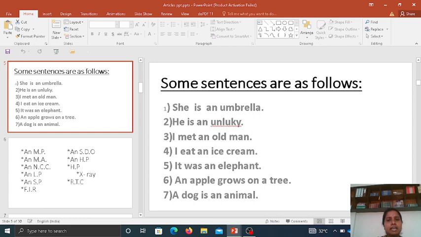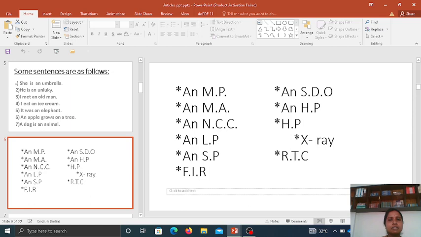I eat an ice cream. The first letter of ice is I, so you should use an here. It was an elephant. An apple grows on a tree. The A sound is a vowel here. Then: a dog is an animal. So these are some examples given.